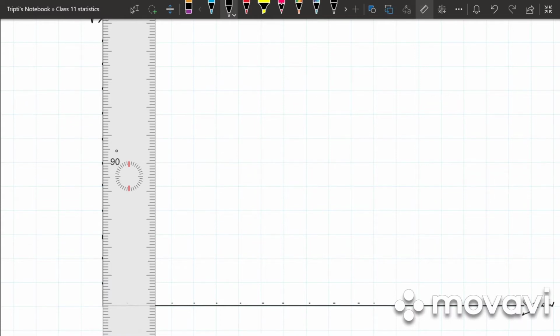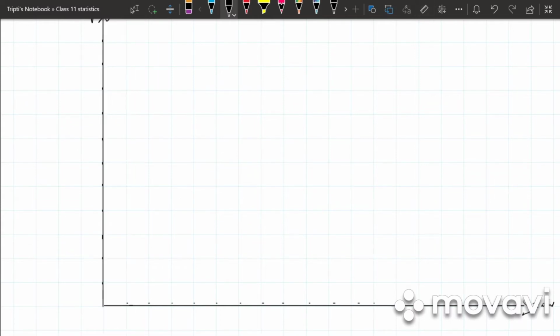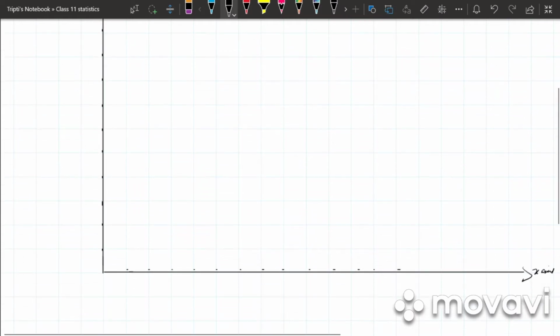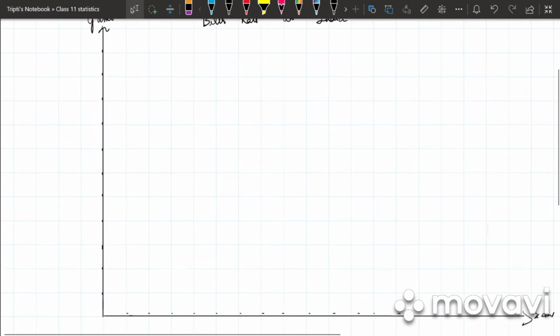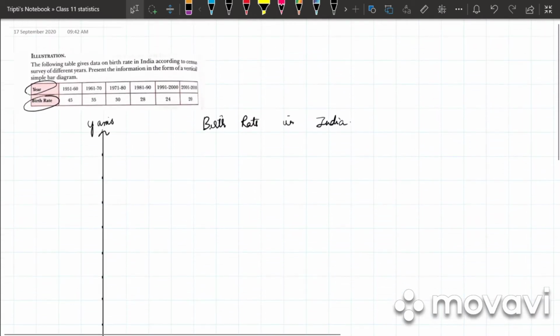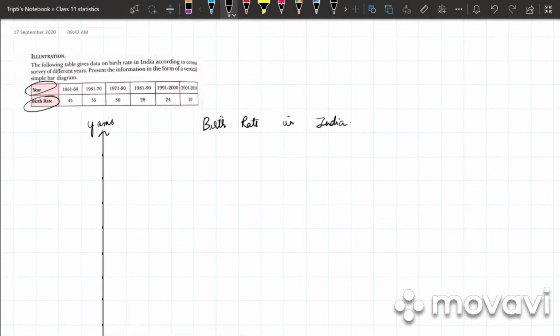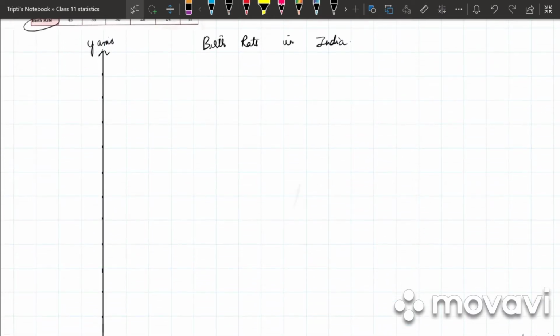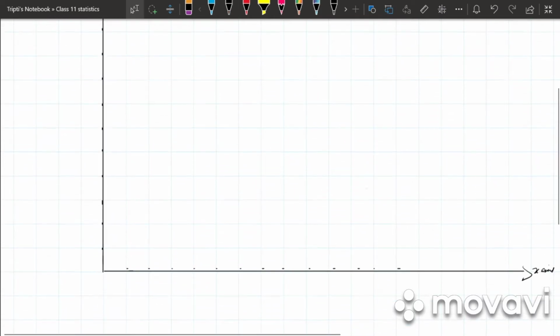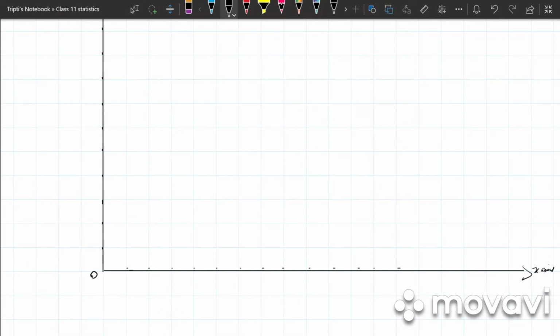Clear? After you have done this, in the y-axis what do we have? We need to write the birth rate, and in the x-axis we need to write the number of years. So our birth rate is 45, 35, 30, 28, 24, 20. So the point where x-axis and y-axis meet is usually 0.